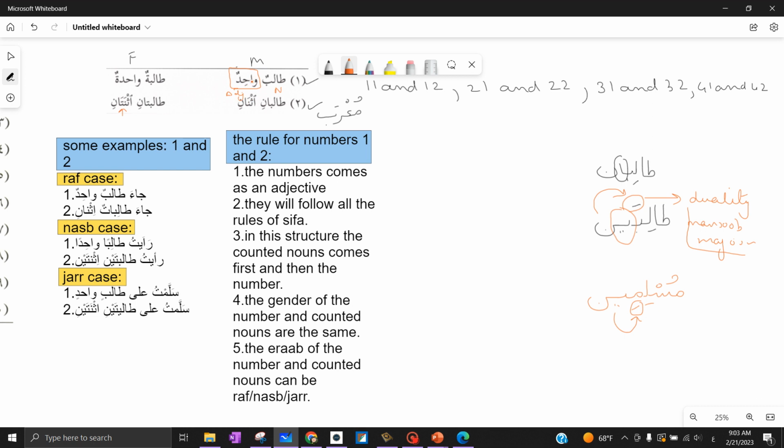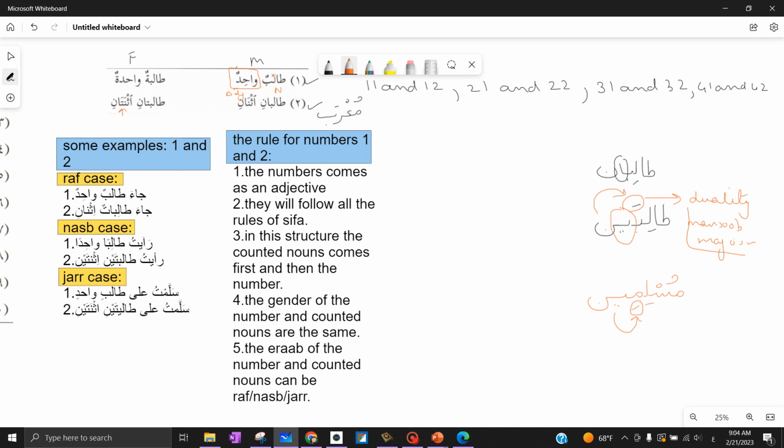As we know in an Arabic sentence, the adjective comes after the noun. Noun comes first and then the adjective. So the numbers are in the place of sifa or na't or adjective, anything you can say. And we know that all the adjectives in Arabic follow the rules of adjectives.